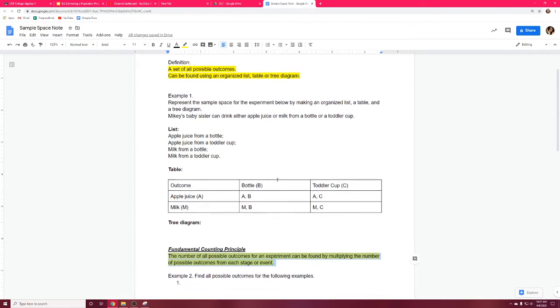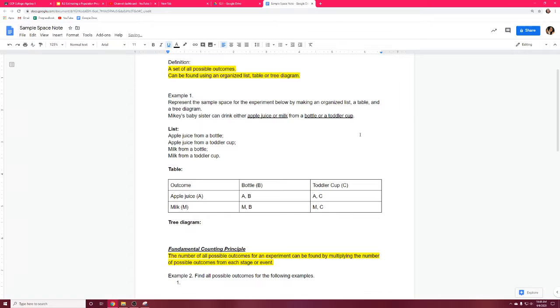For example, if we go back and look at Mikey's baby sister question again, we have two different events. Number one is drinking apple juice or milk. Event number two is drinking it from a bottle or a toddler cup.